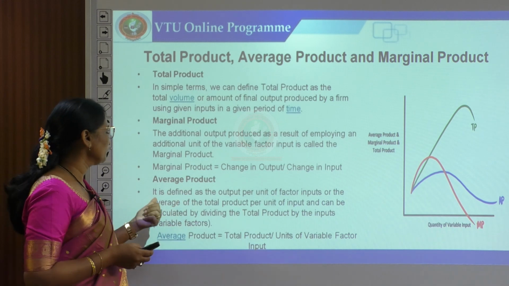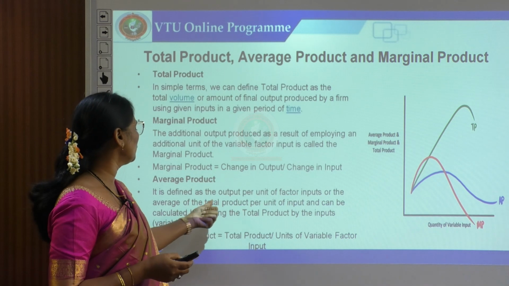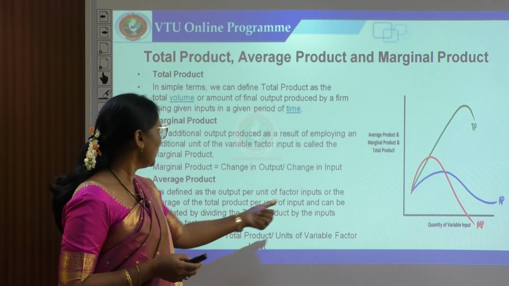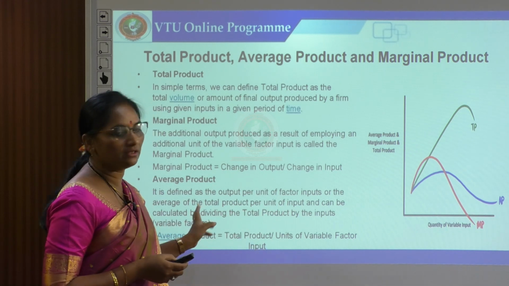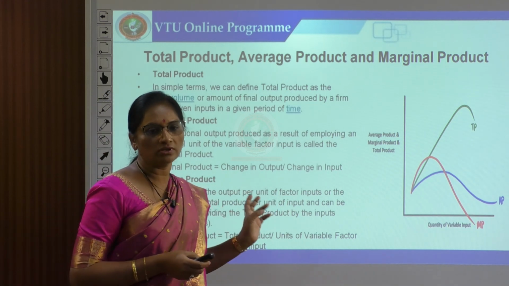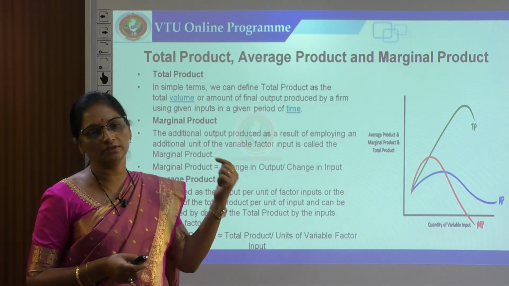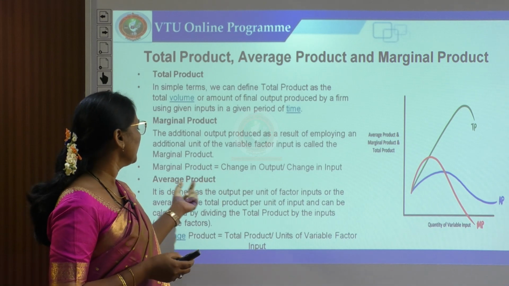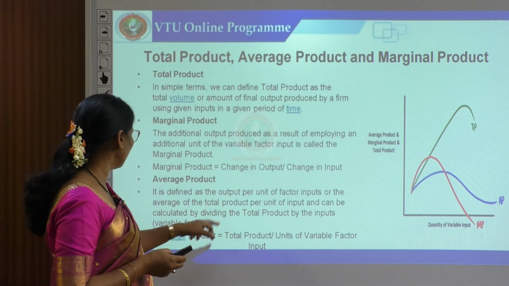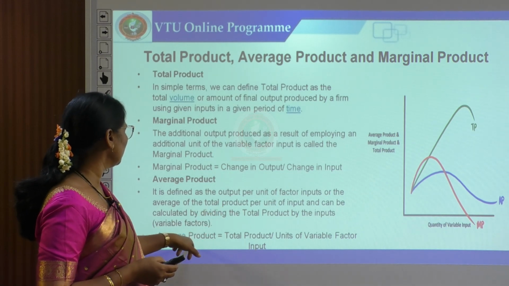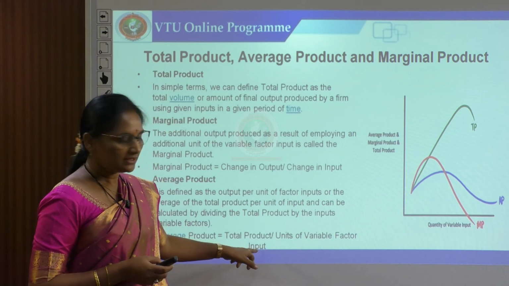And average product defines output per unit of factor input, or the average of the total output per unit of input, and can be calculated by dividing the total product by the variable factor inputs. What is the formula here? Total product divided by units of variable factor inputs.